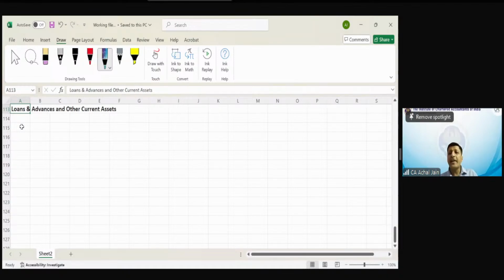And what are some of the items which will be there in other current assets? Can you give me some examples as to what will be included under these two heads? Over to you.